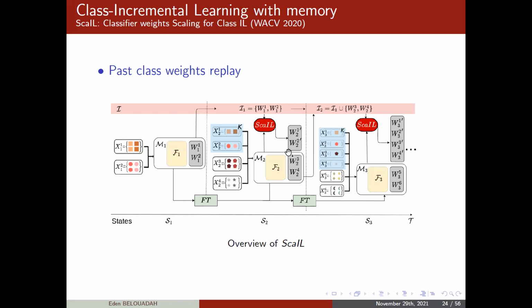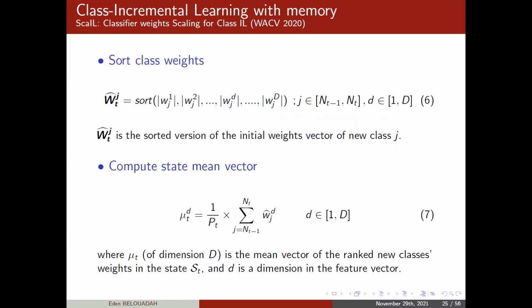And why we do this is because when a class is first learned with all its data, we hypothesize that its weights activations are higher. So we just override its weights in the current state. And later, since we combine weights that come from different states, we perform a normalization of the weights matrix.